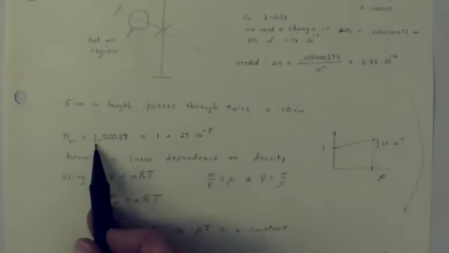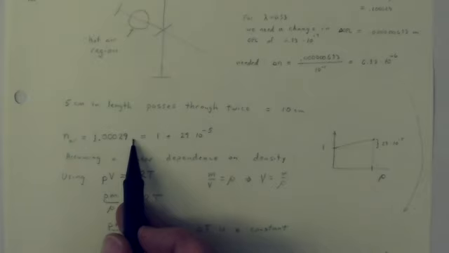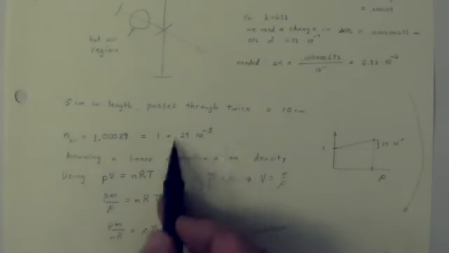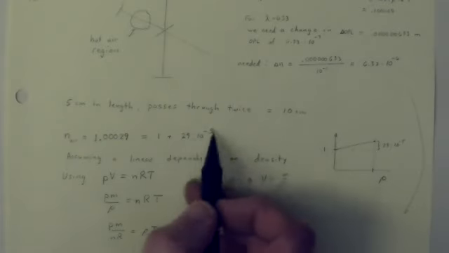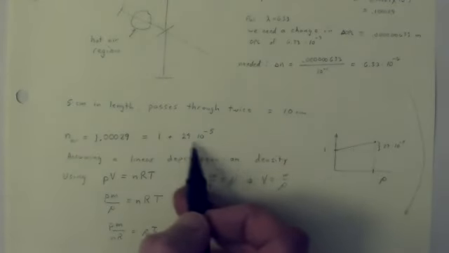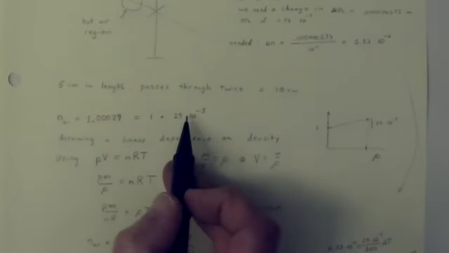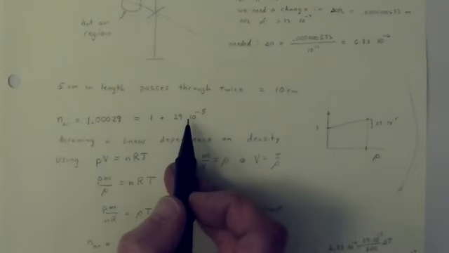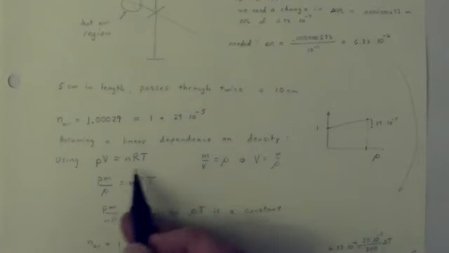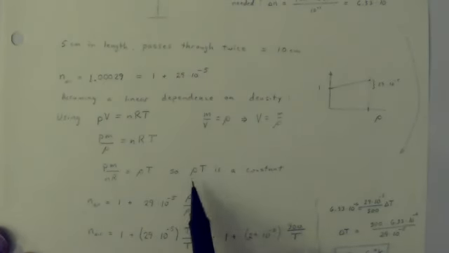So then I said, well, if the index of refraction normally is 1.00029, which is like 1 plus 29 times 10 to the minus 5, and assuming this just varies linearly with the density of the air, then I started pulling out the ideal gas law and came to the conclusion that density times temperature is a constant.